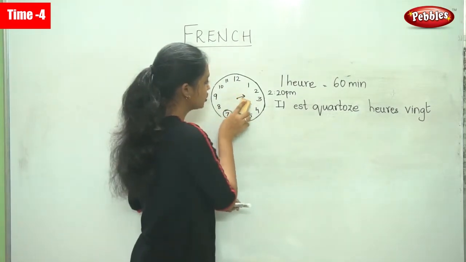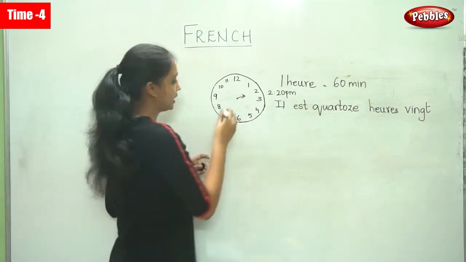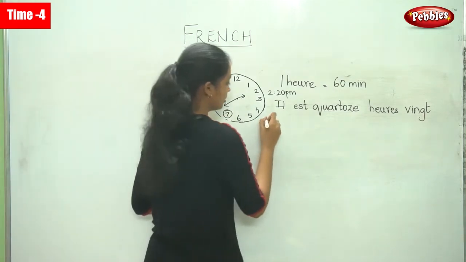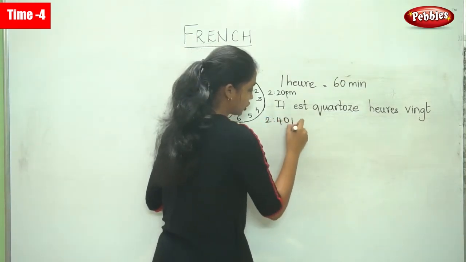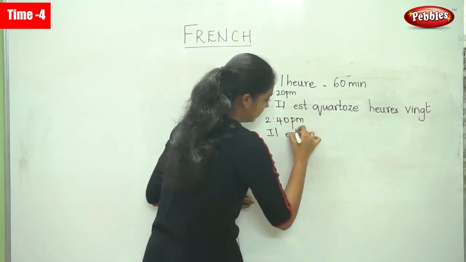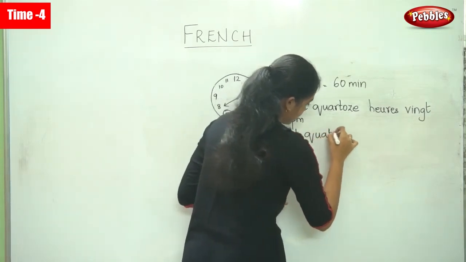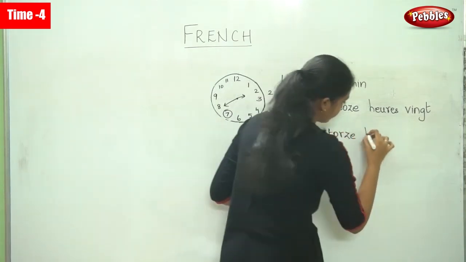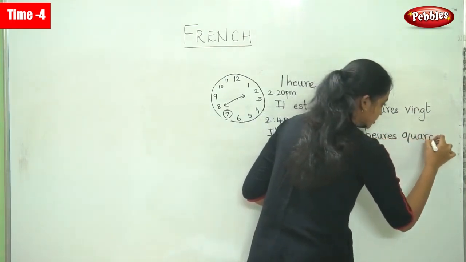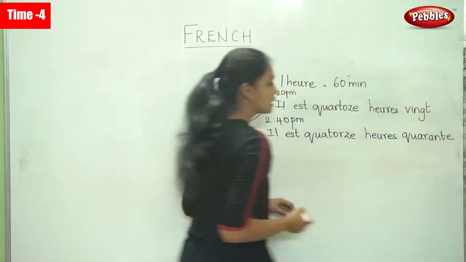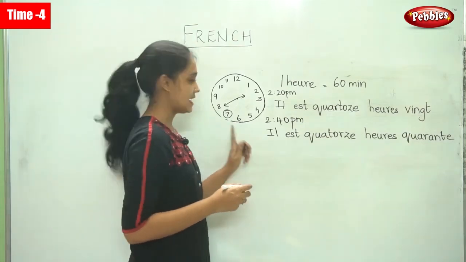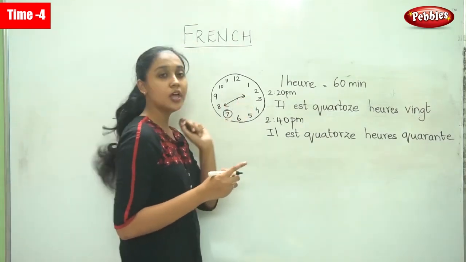If it is 2:40 p.m., you can write it either as il est 14h40, or you can write it as 20 minutes to 3.